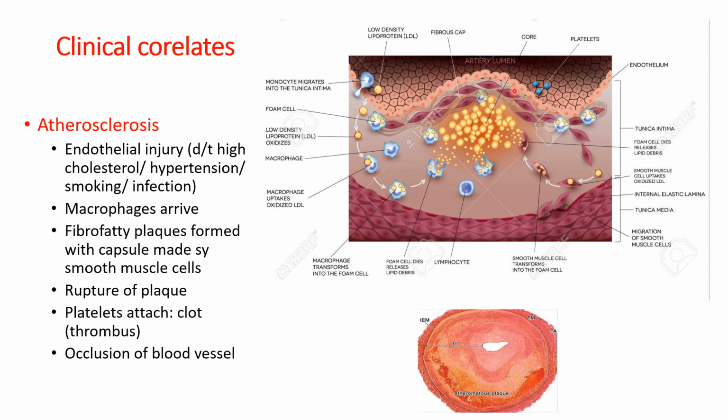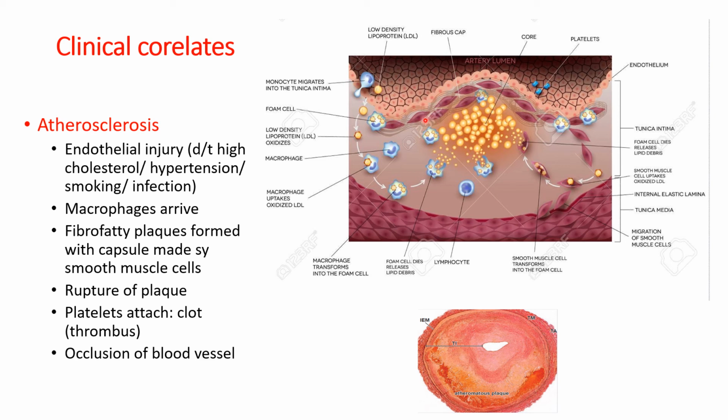Then what happens is the macrophages will arrive here. You can see here the monocytes, they are migrating into the tunica intima and they become macrophages over here. And when they arrive here, they deposit lipids and some fibrofatty plaques are formed within this wall of the blood vessel.